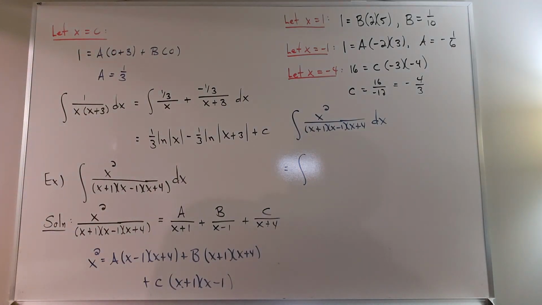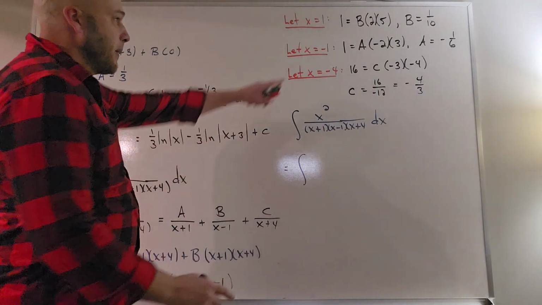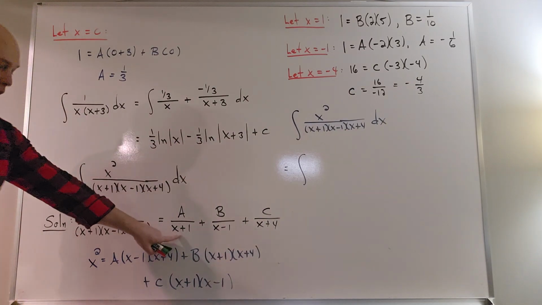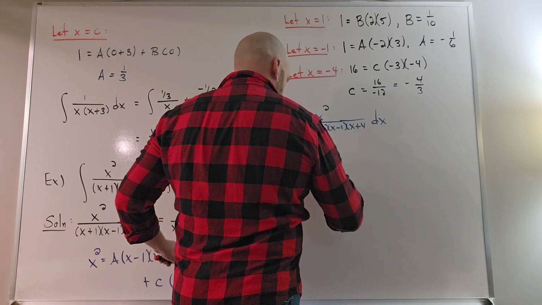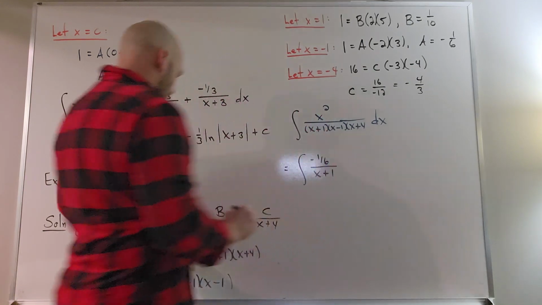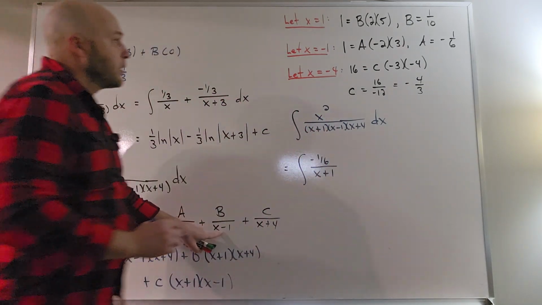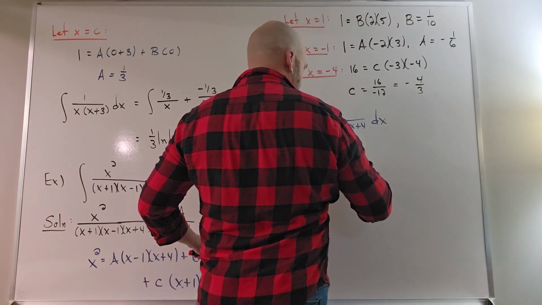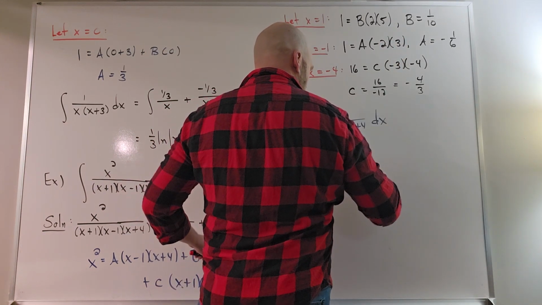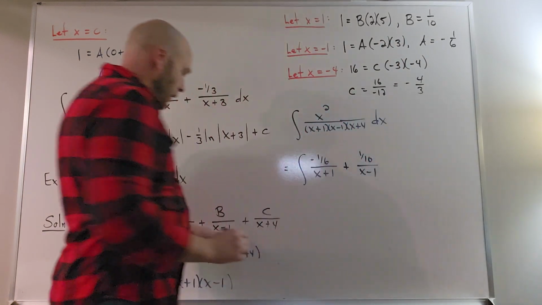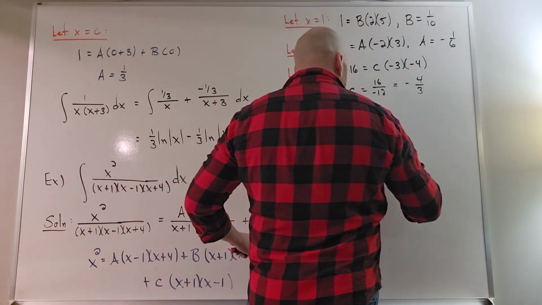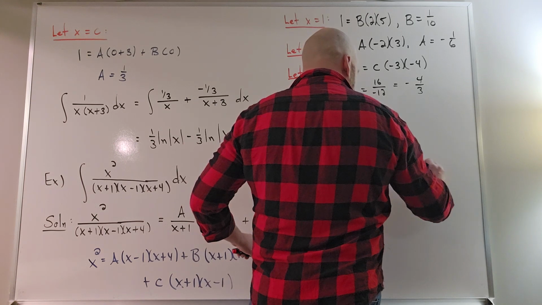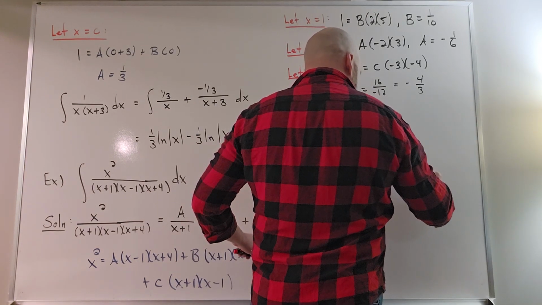We just showed that the integrand can be written as the a value, which is negative 1/6 over x plus 1, and then the b value over x minus 1, that means 1/10 over x minus 1. And then the c value over x plus 4, giving me negative 4/3 over x plus 4.